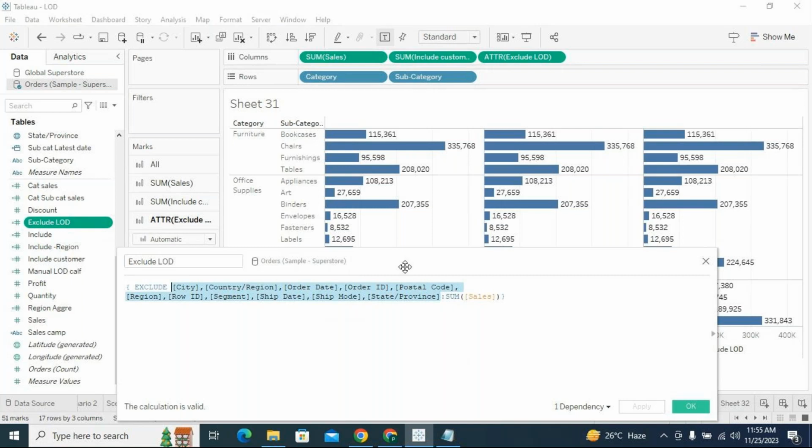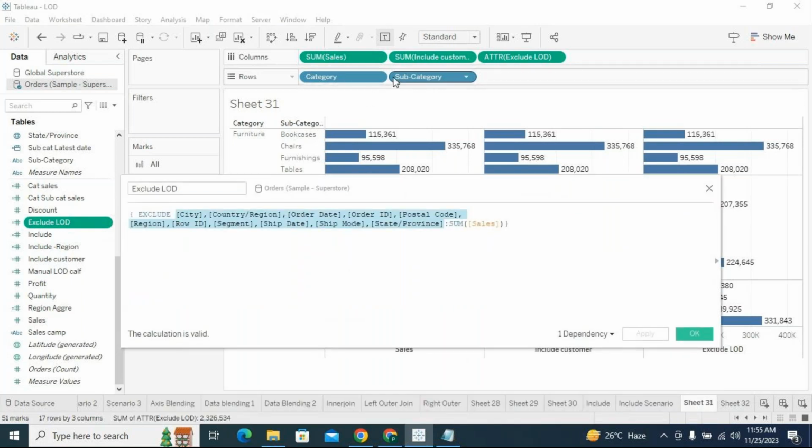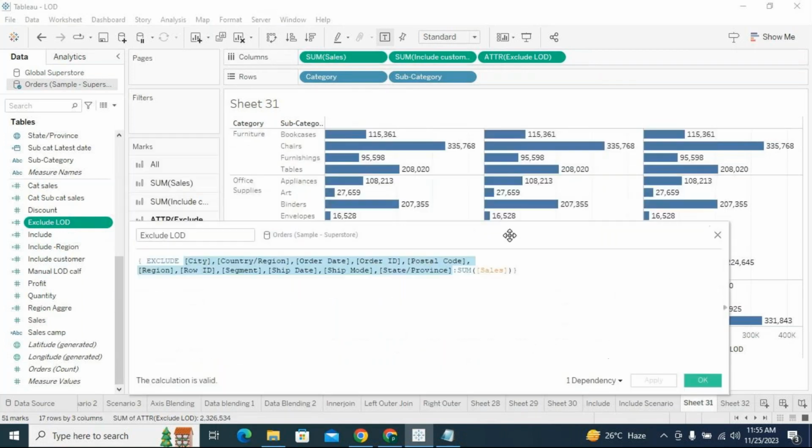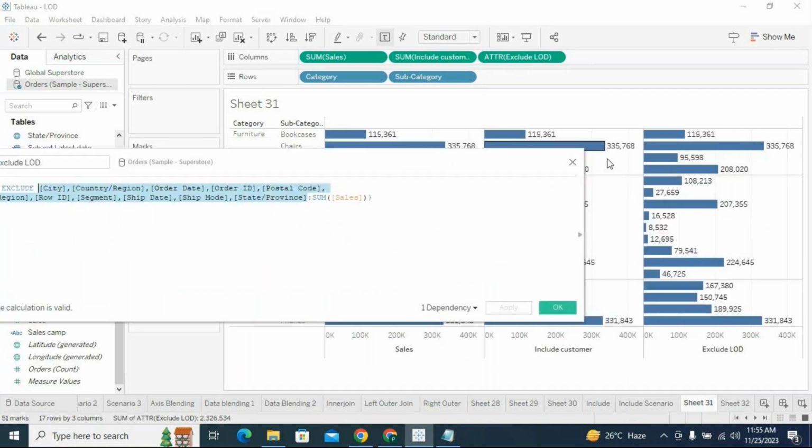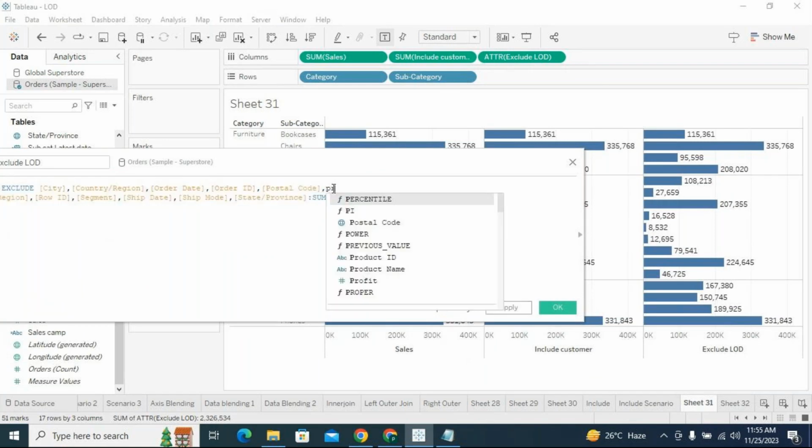So I have to execute this LOD at category and subcategory, and also to match up with the customer, I mean include LOD, I have to remove the include as well here. So when I remove all of those, what happens? It is getting executed similar to include LOD. Got it? So I think we can use a product name.